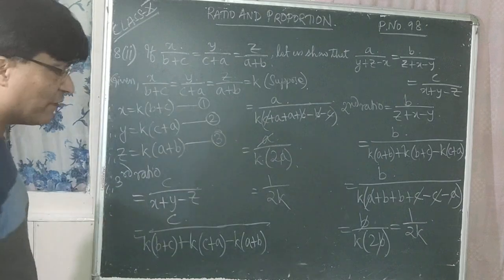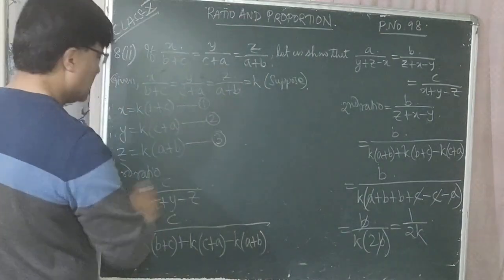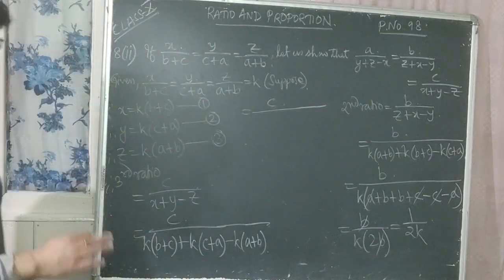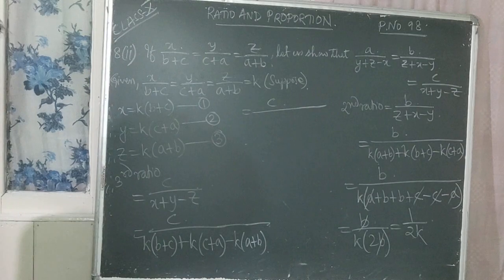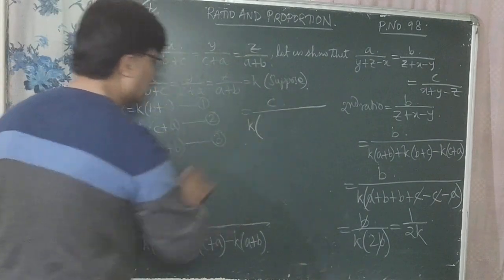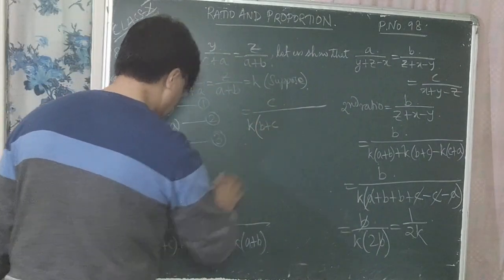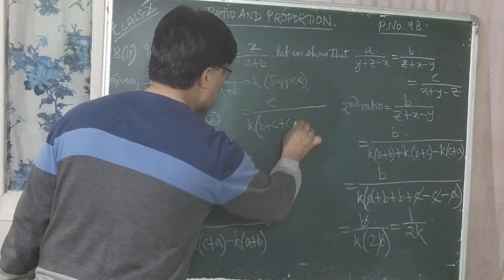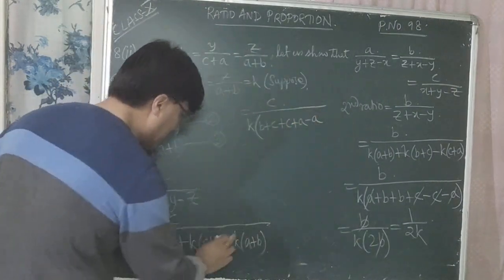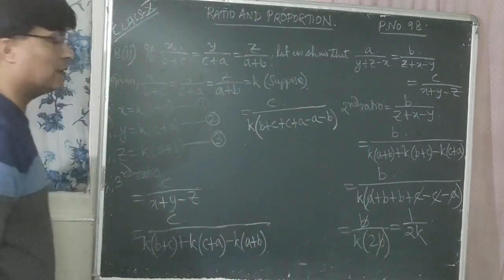Let us simplify this third ratio now. So is equal to c remains same divided by, similarly as before, you have to take k common from the denominator. So k is taken common. So within bracket what do we get? It is b plus c plus a, then minus a, minus into plus, minus b, right?